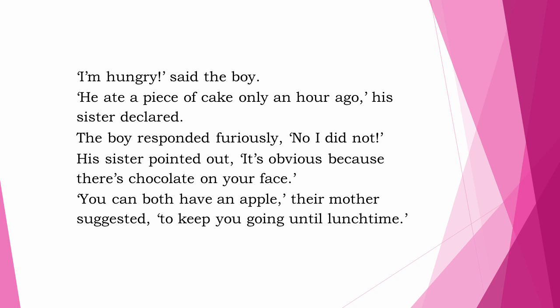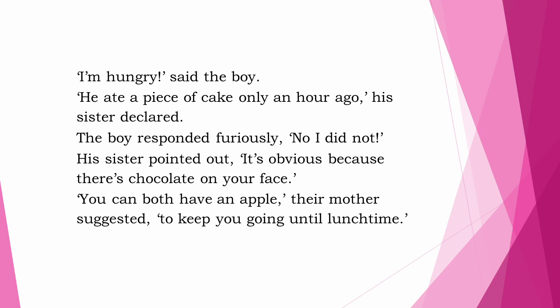Next sentence: "You can both have an apple," their mother suggested, "to keep you going until lunchtime." Here we have two lots of speech being quoted. We don't need a new line for each set of quoted speech here because it's the same person speaking. The first part, "You can both have an apple," then there is a comma inside the quotation marks, "their mother suggested," and then another comma to separate off the next lot of speech, "to keep you going until lunchtime."